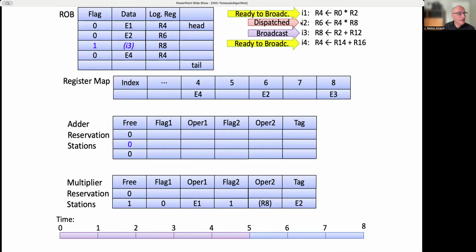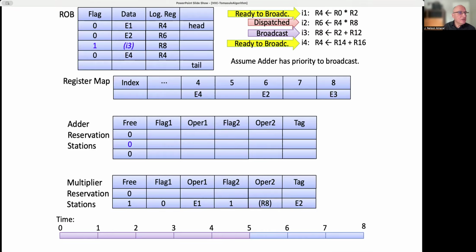And I2 now has been dispatched, so it's the same as before, but I3 is ready, has broadcast. So I3 is this value here, and I have posted in the common data bus the new value that I have for R8 with the flag.